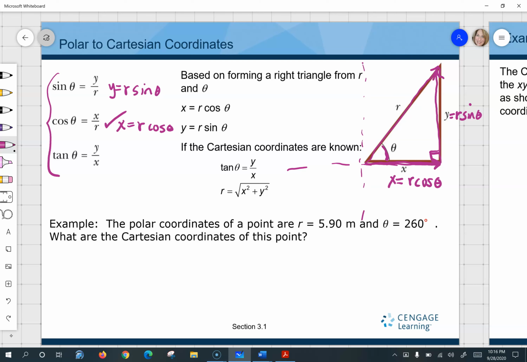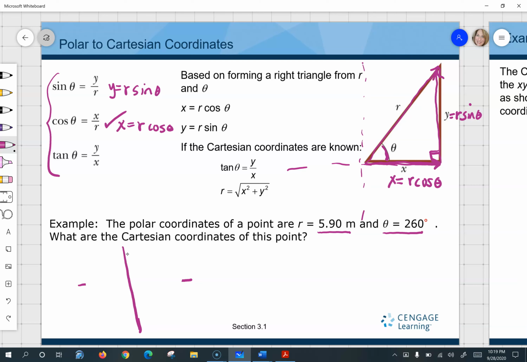So here's another example. If you have the polar coordinates of a point, and you know that it's a length of 5.9 meters and an angle of 260 degrees, what are the Cartesian coordinates of this point? So what you would do is first let's get an idea, where is that?